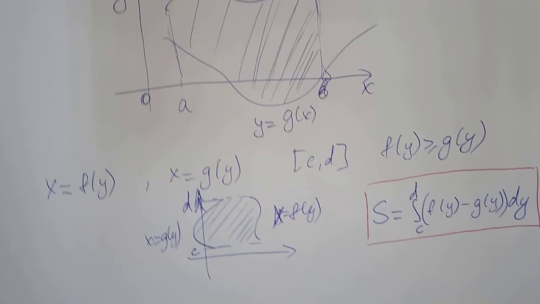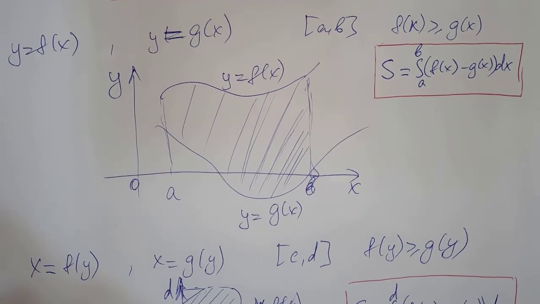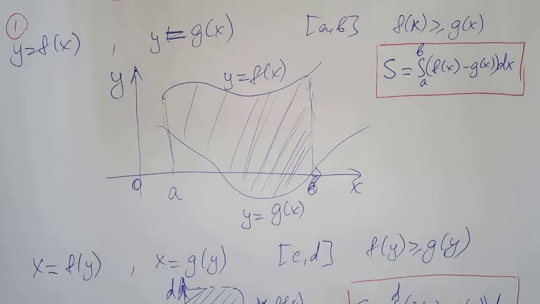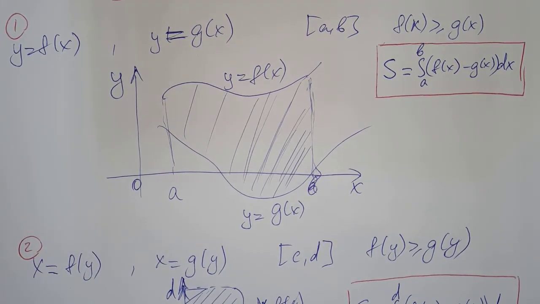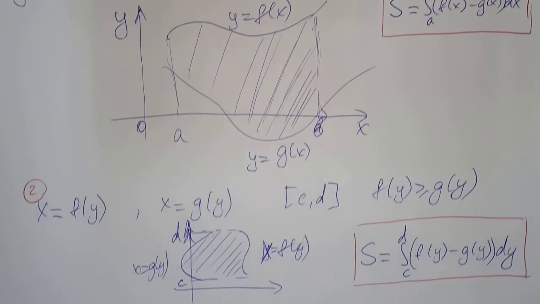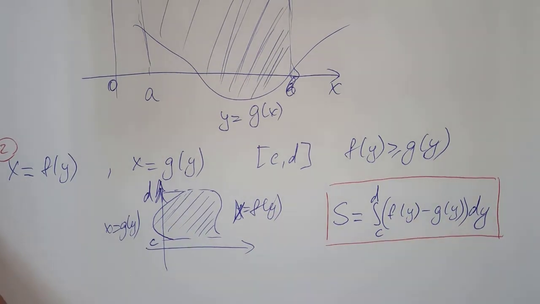In the first case, we need to subtract the upper function minus the lower function. In the second case, we need to subtract the right function minus the left function.